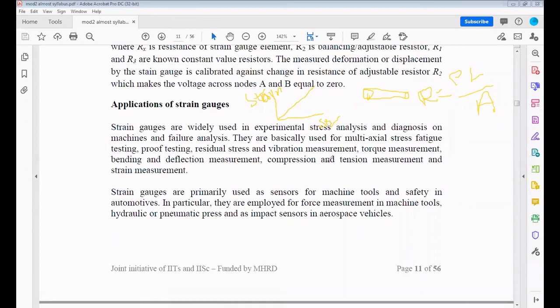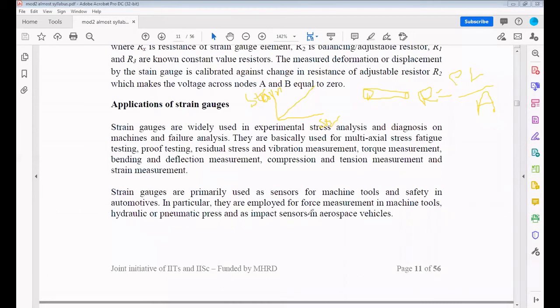They are basically used for multi-axial stress, fatigue testing, proof testing, residual stresses, vibration measurement, torque measurement, bending and deflection measurement, compression and tension measurement, and strain measurement. These are the applications.